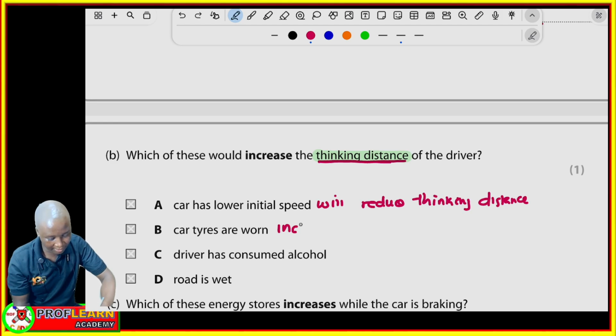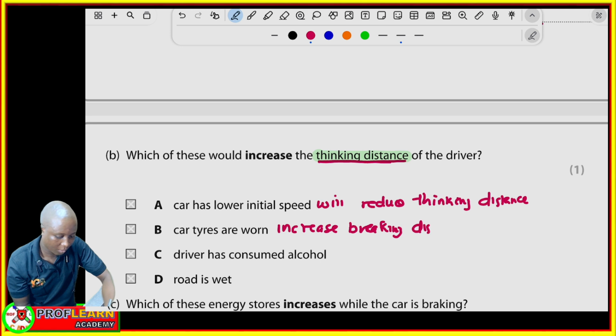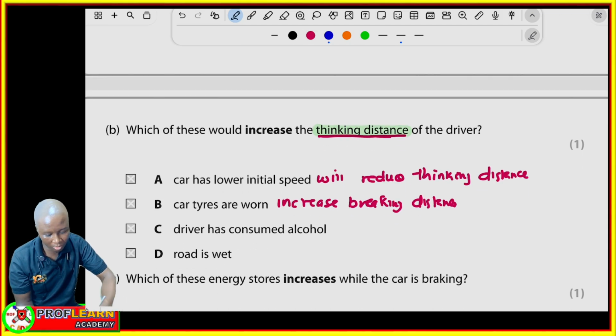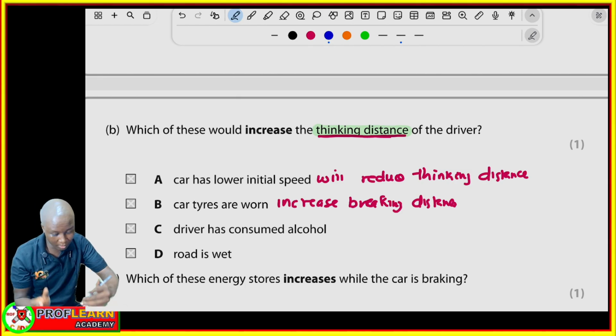A worn-out tire will increase braking distance because friction will not be sufficient. Friction will not be enough, so braking distance is going to increase. Drivers consume alcohol. Yes, this will take time.